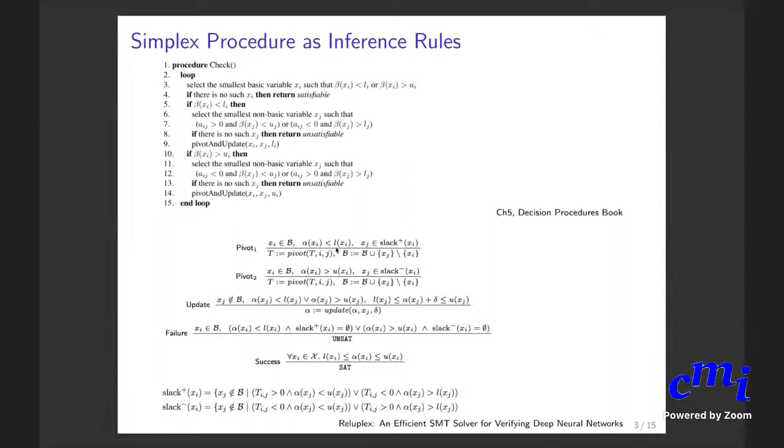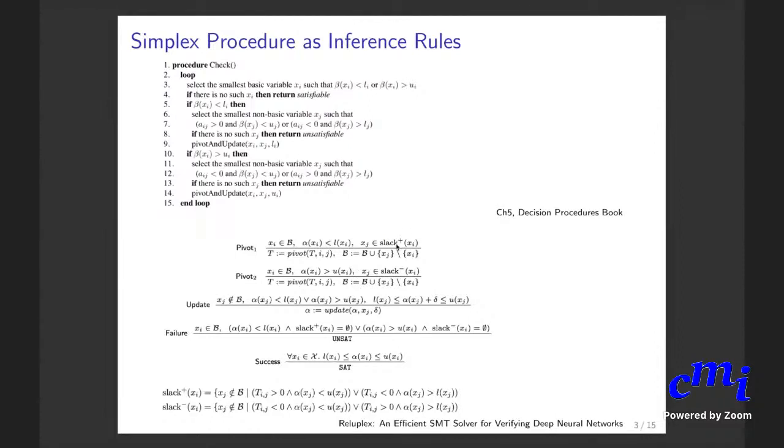It first identifies a basic variable that violates a bound, and then picks a non-basic slack variable that can be adjusted to fix the violation. There is one rule for when the basic variable violates its lower bound and another for its upper bound.